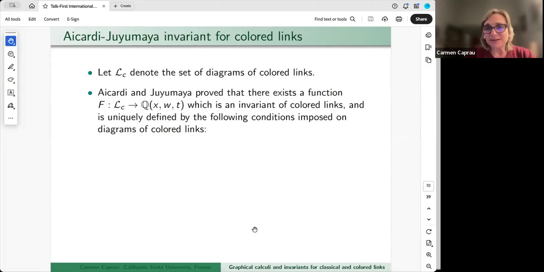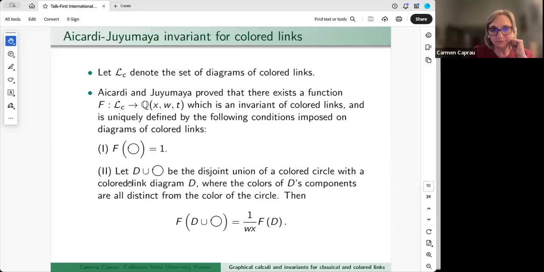They proved that there exists a function, we'll call it f, which is defined on the set of all diagrams of colored links, and takes values in the field of rational expressions with rational coefficients, and let's denote the 3 variables that we have there by x, w, and t. This quantity is an invariant of color links and is defined uniquely by the following conditions. We want the value of the unknot to be 1.